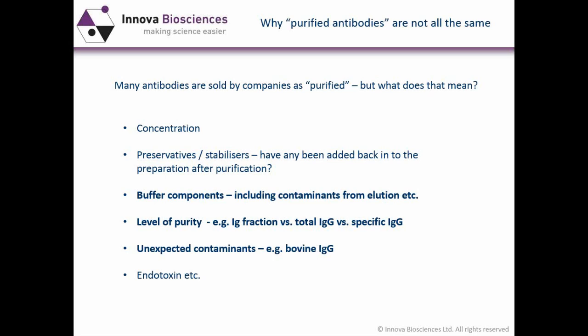You might therefore find that a stabilizer, and often this is bovine serum albumin, has been added back to the antibody. So you have a purified antibody, but it actually has high levels of albumin present in it. If you want to do anything to that antibody involving steps such as conjugation, that albumin will be a real problem to you.